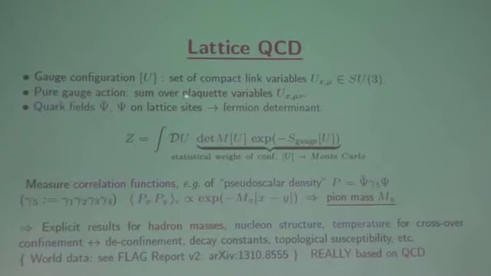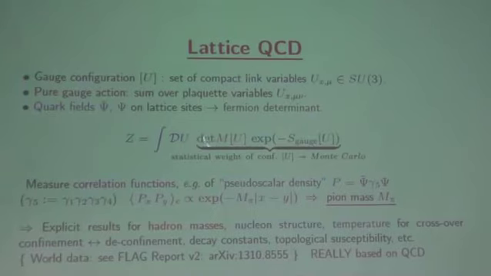The pure gauge action is given by these plaquette variables, which are also in SU3. We have to multiply them over a plaquette, and the fermionic, the quark contribution, is given in the fermion determinant, which is given here. So this makes the whole statistical weight of a gauge configuration.